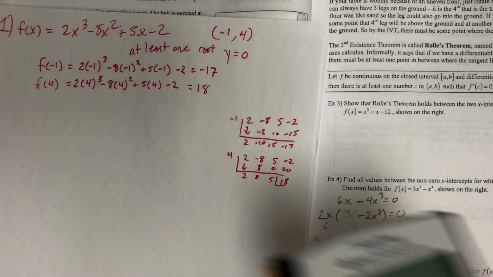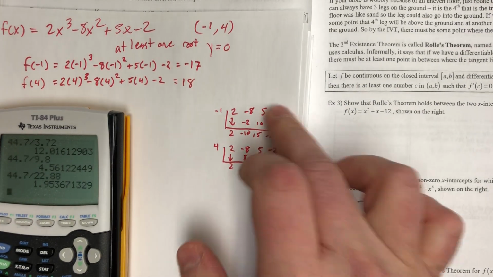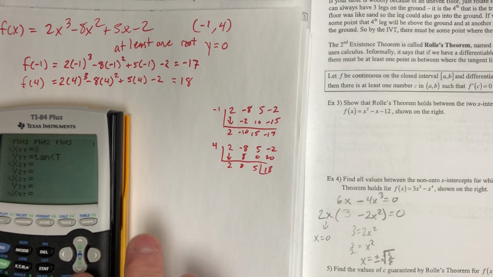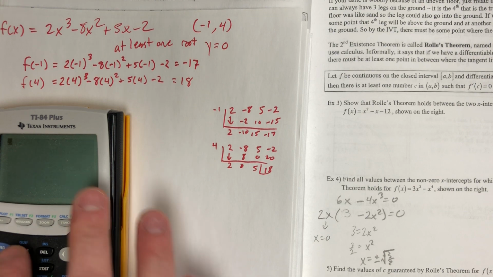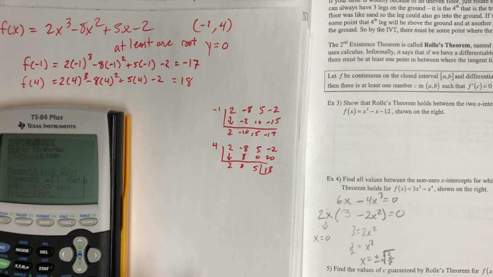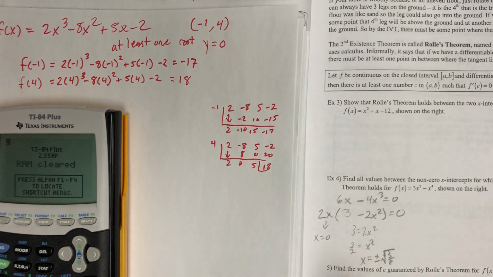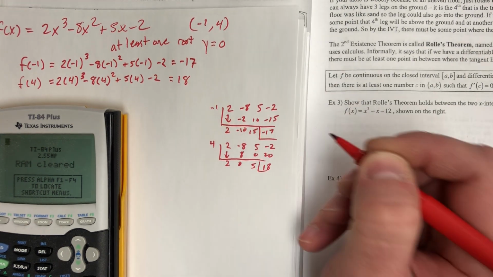So another way I could do this, by the way, in case you missed it, I just did synthetic division, and the remainder is what you get when you plug it in.